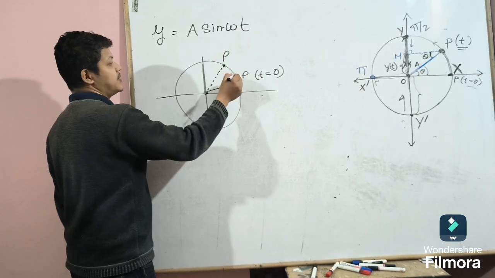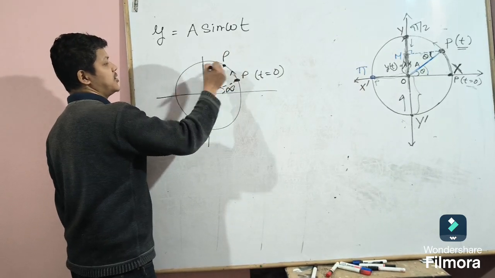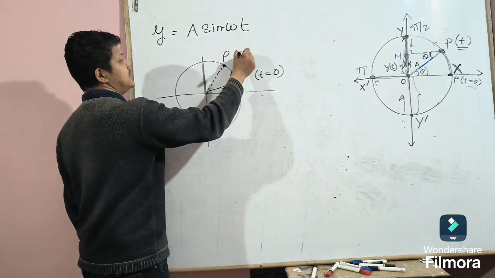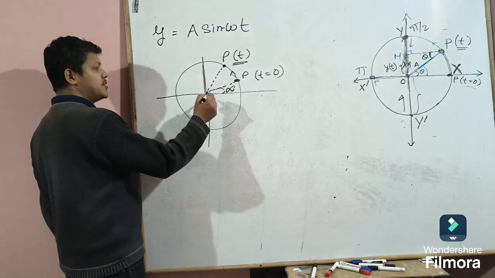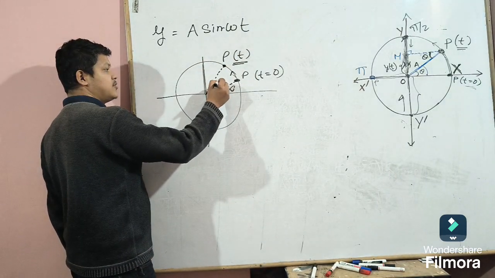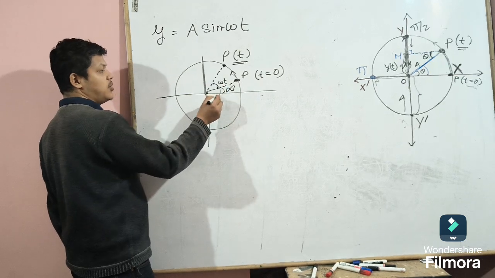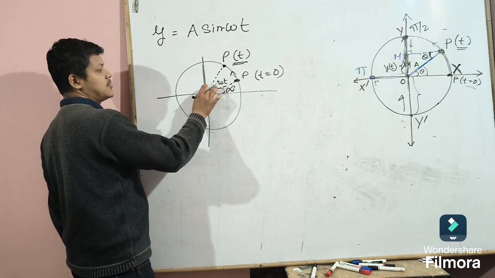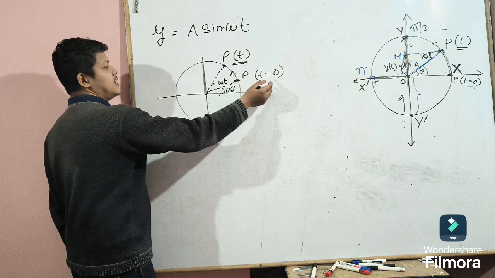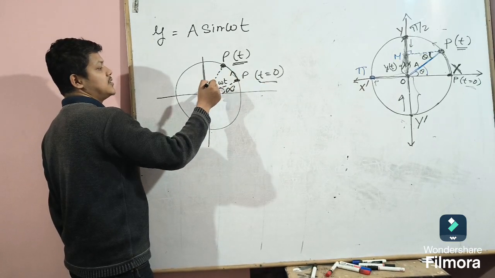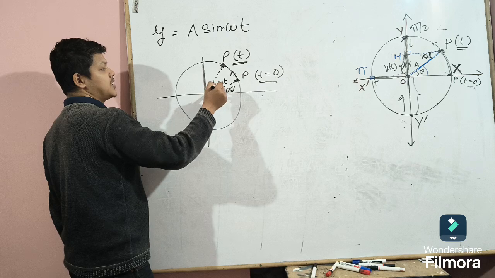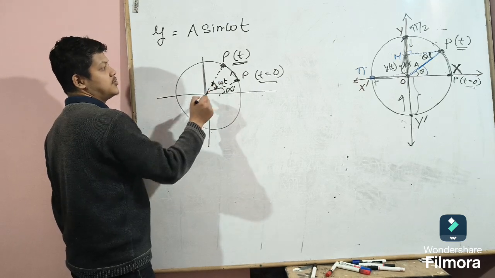So from t is equal to 0 to t is equal to t, this angle is omega t, not this whole angle, this one.